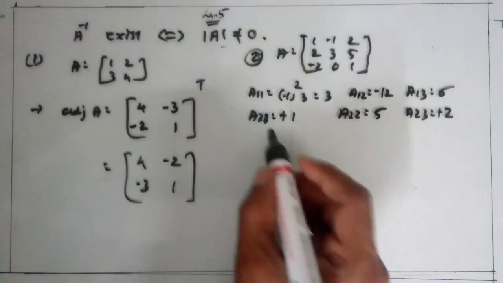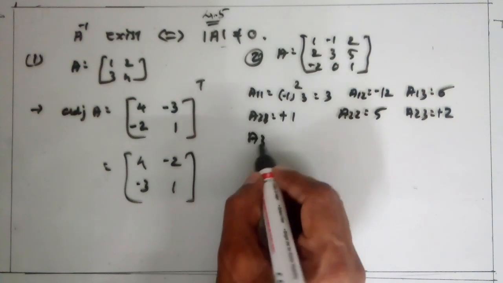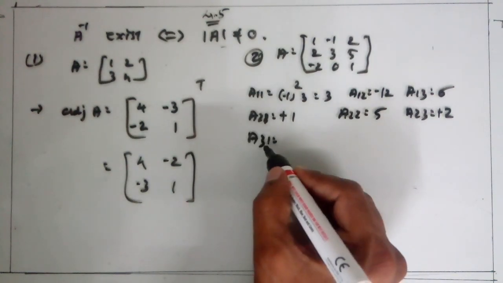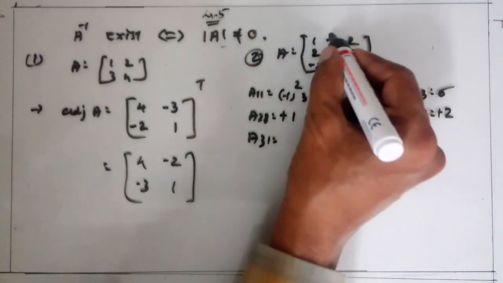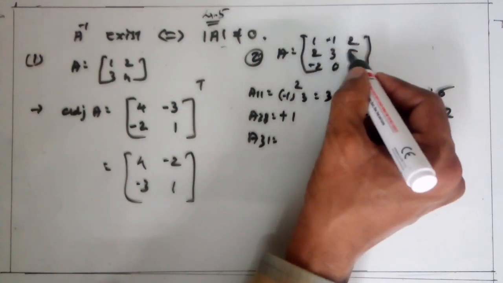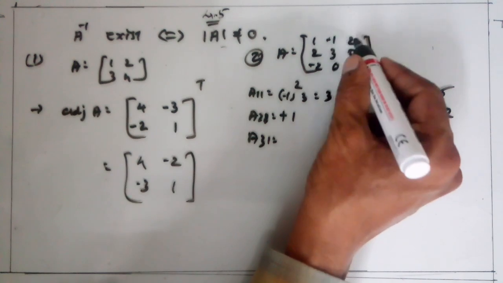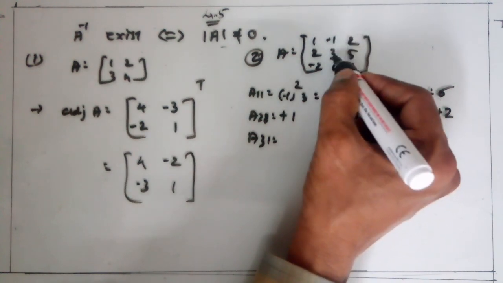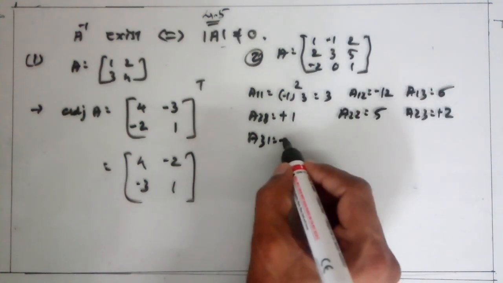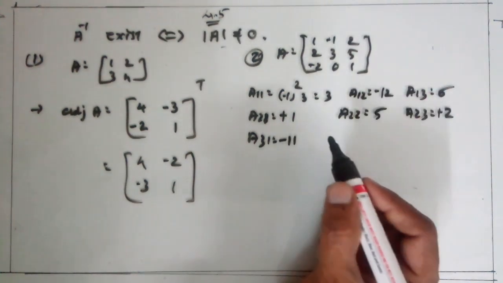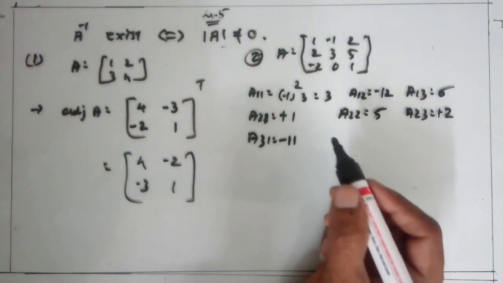Understand this? Similarly A31 is equal to (minus 1) raised to 4, positive, and remove this row and column, so the product of these two, minus 5, the product of these two, 3 to 6, minus 5 plus 6, minus 6 becomes minus 11. Clear? Minus 5 minus 6, minus 11.